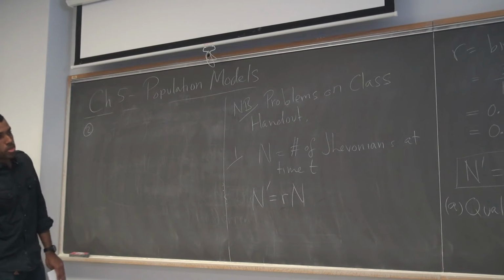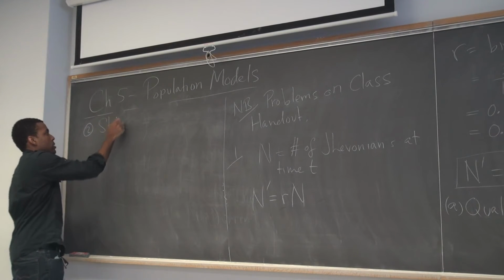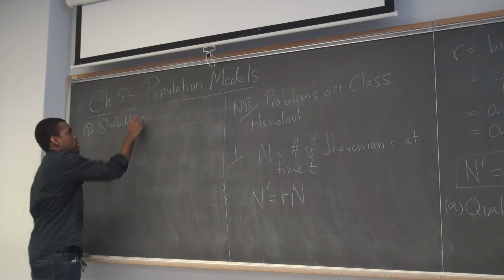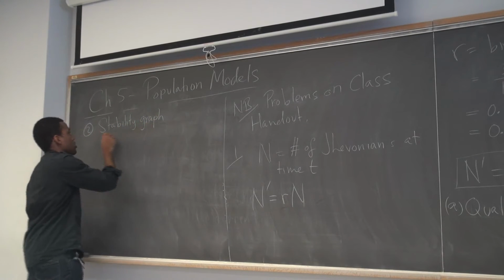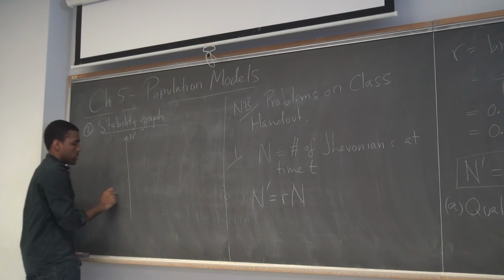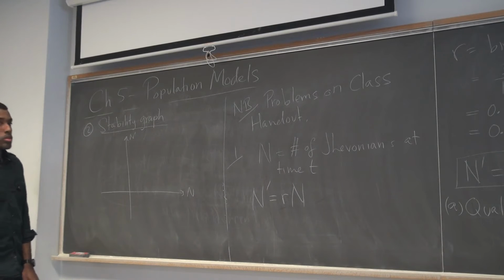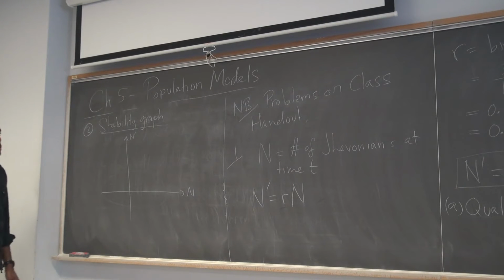What's the second step in the analysis? Stability graph. So I want to graph n prime versus n. What does the graph look like here? Straight line, positive, through the origin, positive slope.